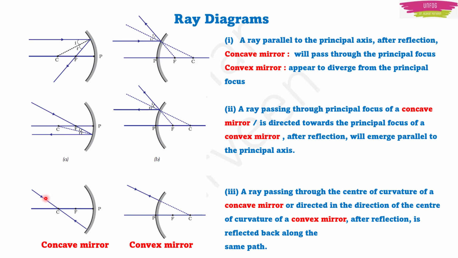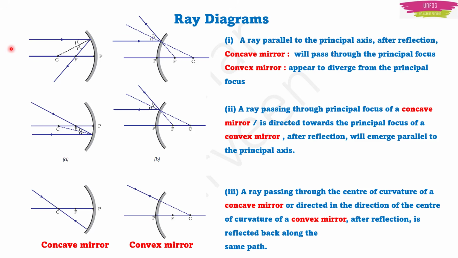You can see here in concave mirror it comes like this and then it reflects back also in the same direction. In convex mirror also it is incident like this, then it's reflecting back like this only. Here we are drawing the imaginary line which is meeting till up here, till the center of curvature. Okay. So these are the three rules which you have to keep in mind.